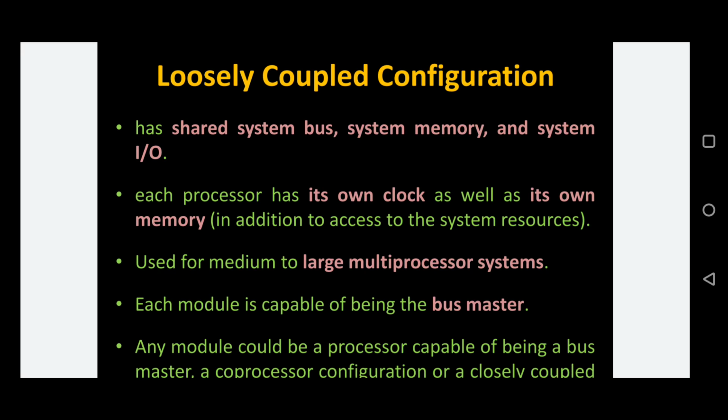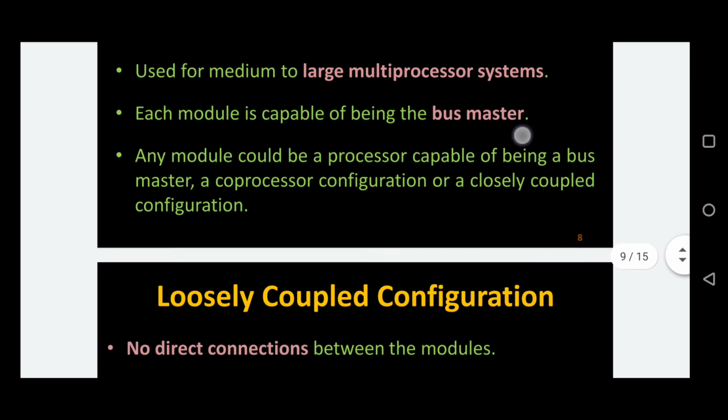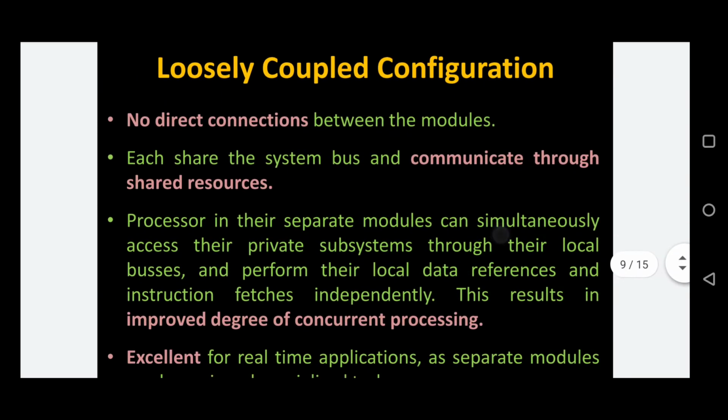Next, each module contains a clock generator, an 8086 microprocessor, an independent processor, a memory and bus. That is called one module. In a loosely coupled configuration, there are n number of modules. Any module could be a processor capable of being a bus master, a coprocessor configuration, or a closely coupled configuration. So let us see the block diagram.